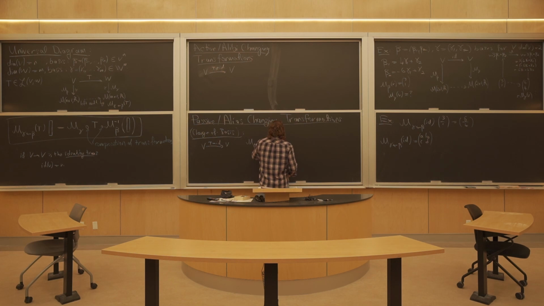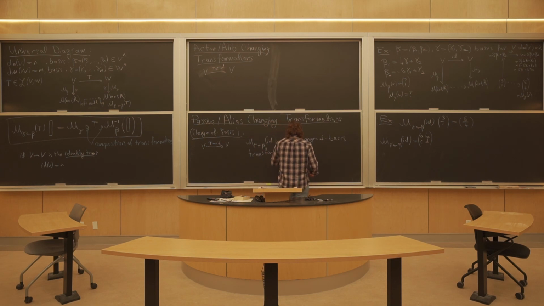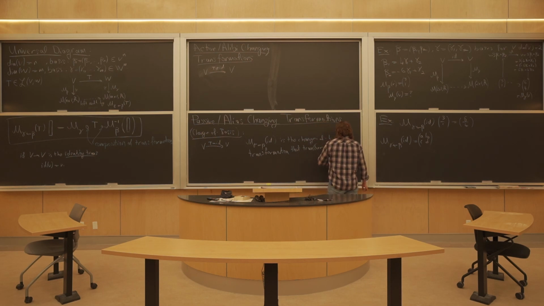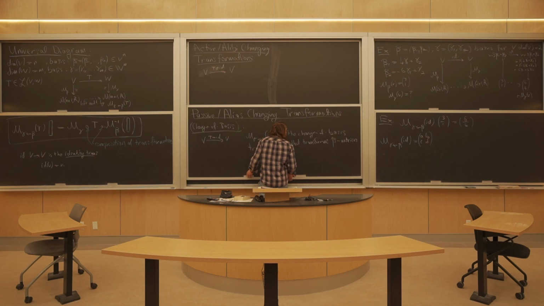Gamma to beta of identity is the change of basis matrix transformation, let's say like this, that transforms beta matrices, so matrix representations with respect to beta, to gamma matrices.